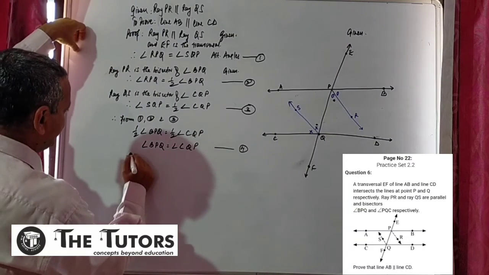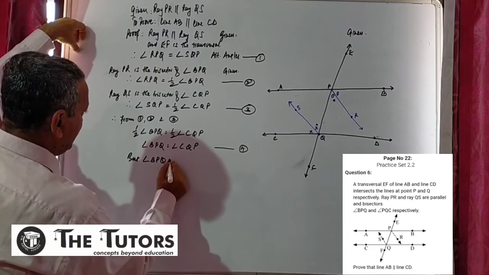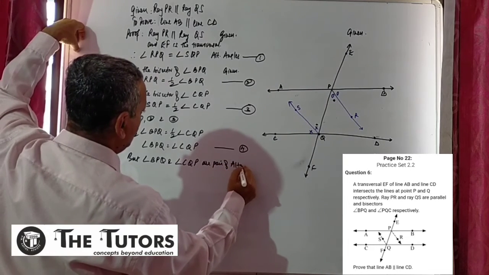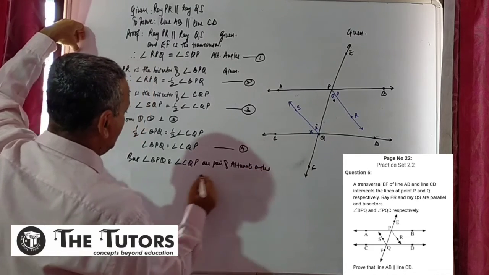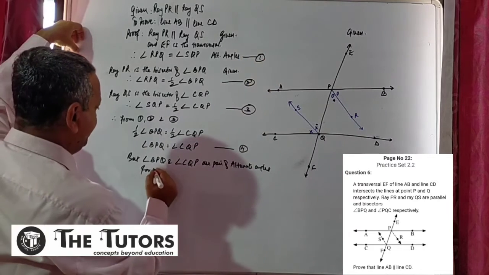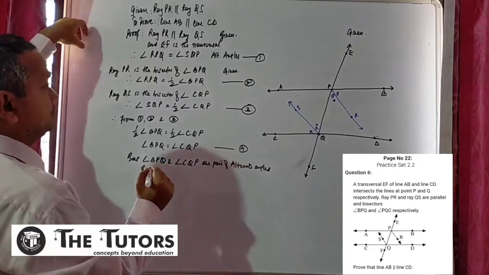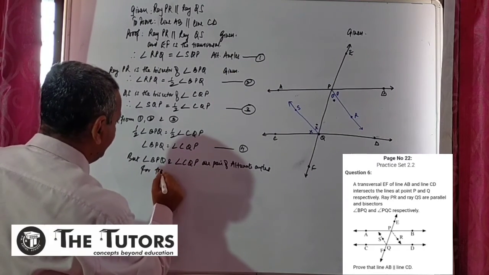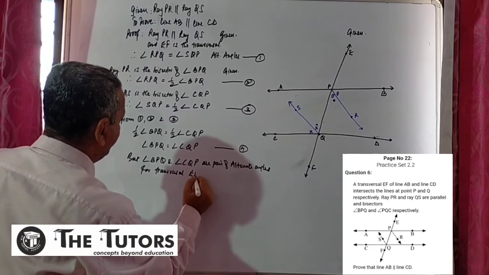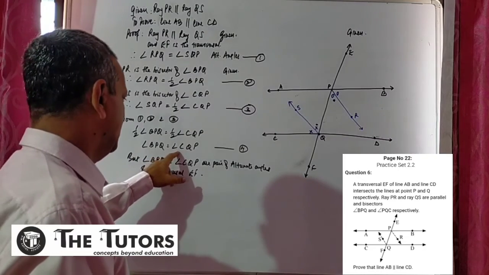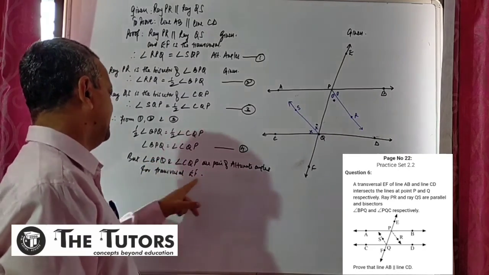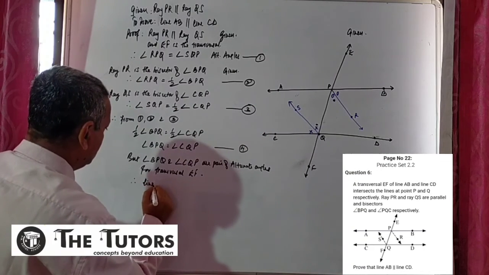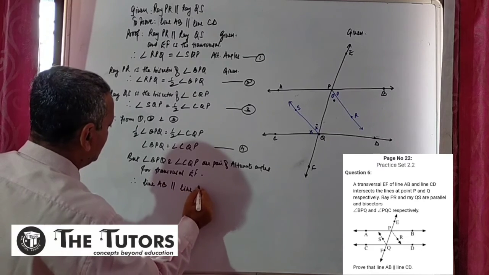The same statement as given before, but angle BPQ and angle CQP are a pair of alternate angles for transversal EF. These two are congruent, equal, and these are a pair of alternate angles and the transversal is EF. Therefore line AB is parallel to line CD.